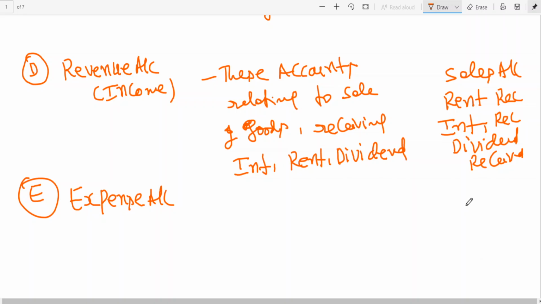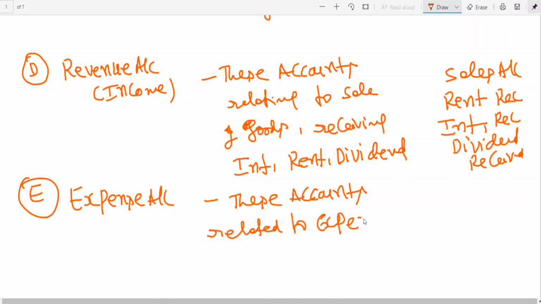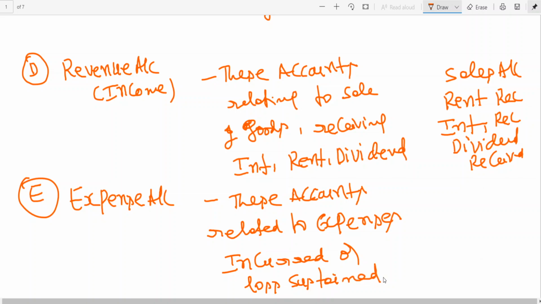Expenses, we already told you. Expenses incurred or loss sustained. These accounts relate to expenses incurred or loss sustained.